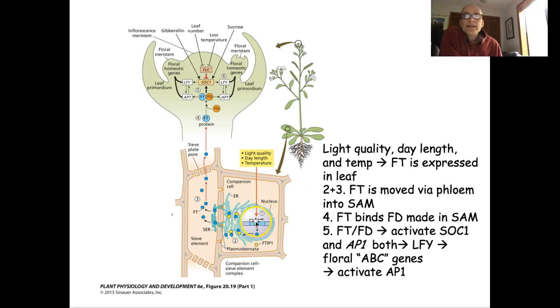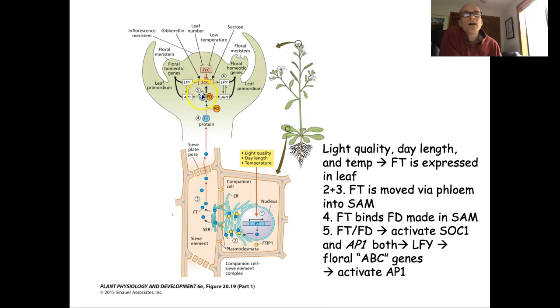FT is now expressed, and it's moved through the phloem, through the companion cells into the sieve element, and then up into the shoot apical meristem. That's our step number 3 here.